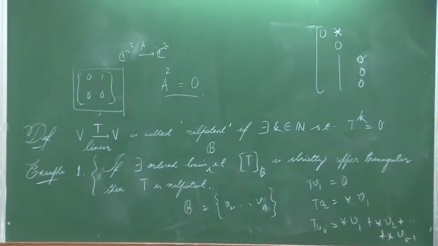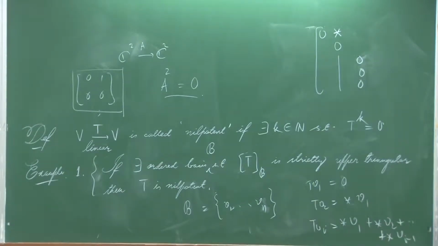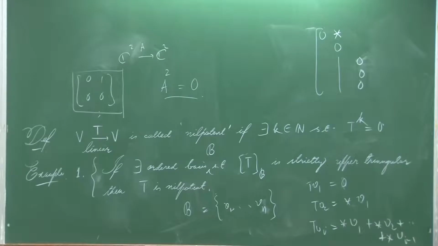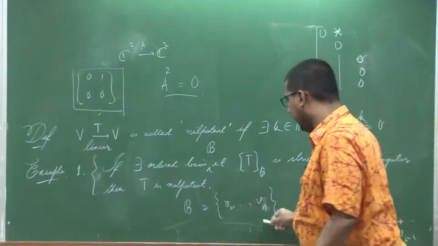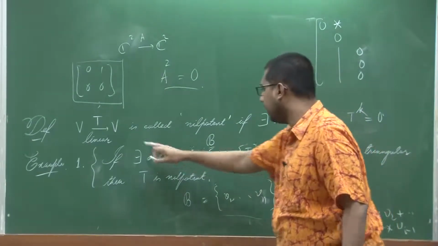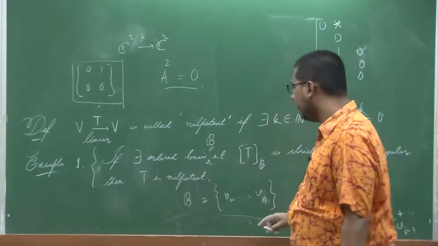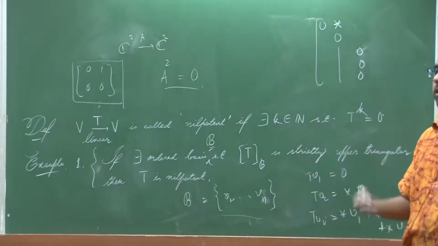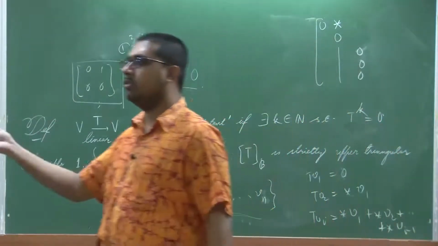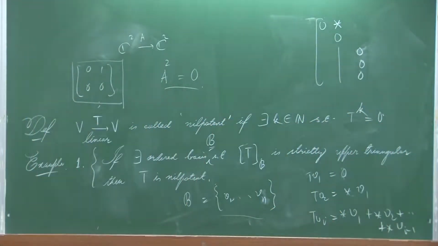Also, this result talks about an ordered basis, so it also tells you that if you start with a strictly upper triangular matrix and conjugate it by any invertible matrix P, the conjugated matrix may no longer be strictly upper triangular, but the corresponding linear operator from Cn to Cn, or Fn to Fn, must be nilpotent.